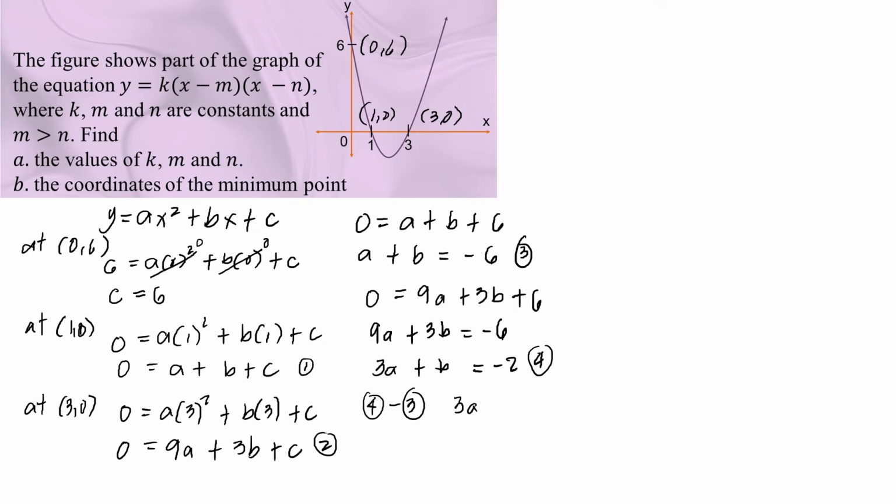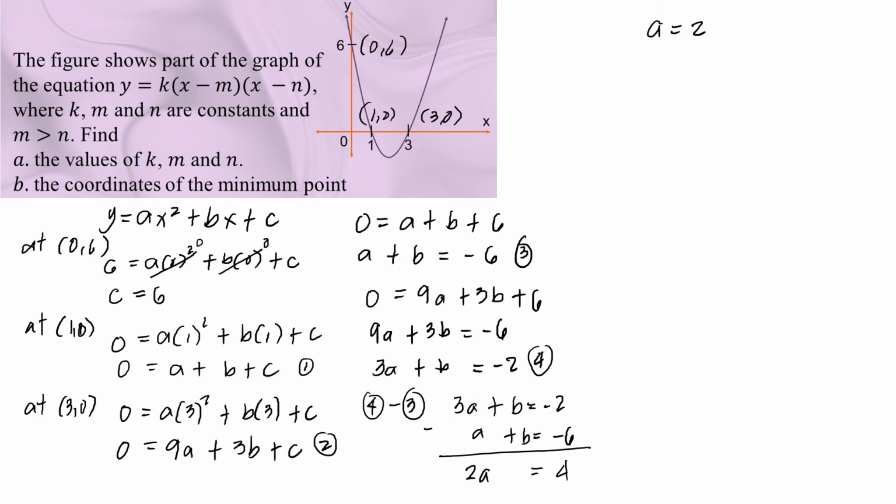So, we have 3a plus b equals negative 2 minus a plus b equals negative 6. 3a minus a is 2a, b minus b is 0, and then negative 2 minus negative 6, that is equal to 4. Divide both sides of this resulting equation by 2, ang makukuha natin, a equals 2.